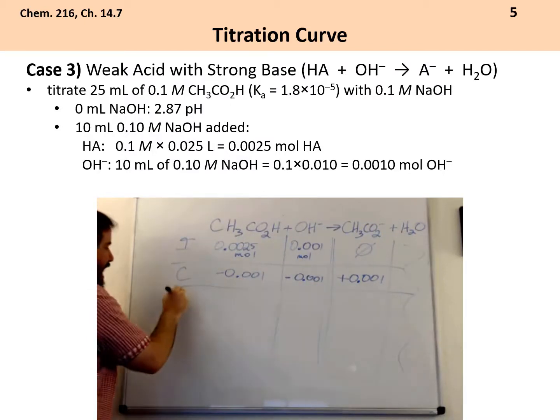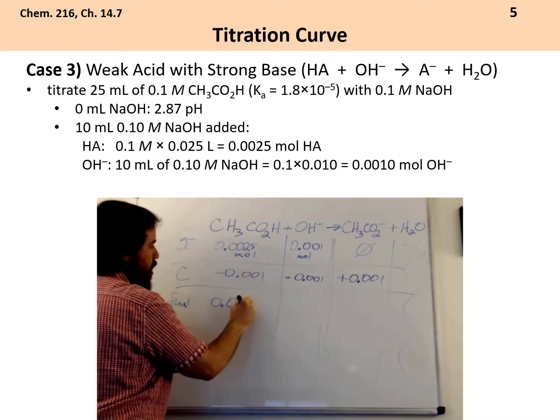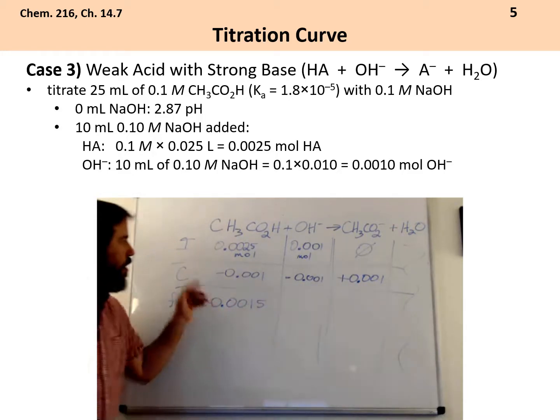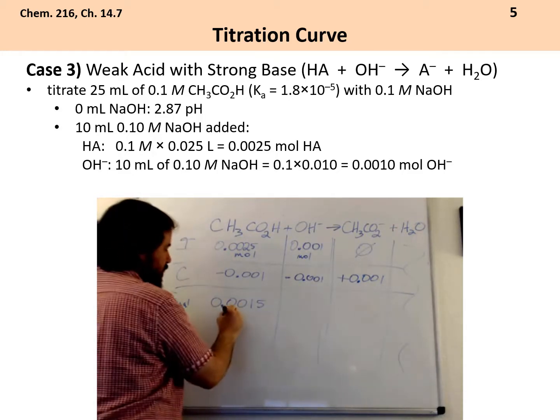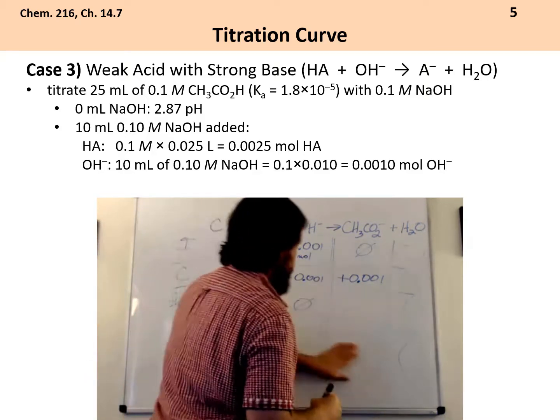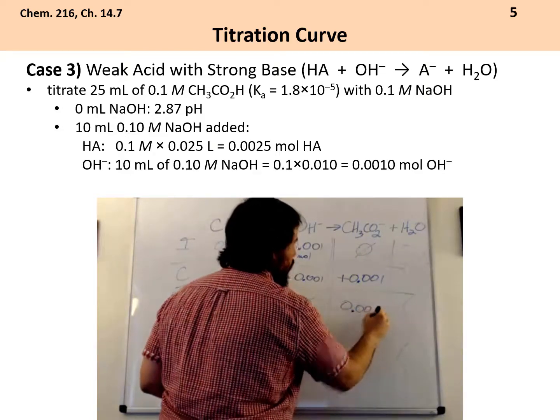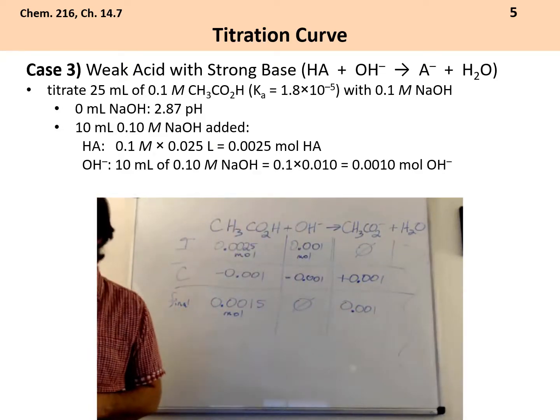That's going to leave me at the end with 0.0015 moles of my CH3CO2H. I'm going to have none of my OH minus. And I'm going to end up with 0.001 of my weak base.